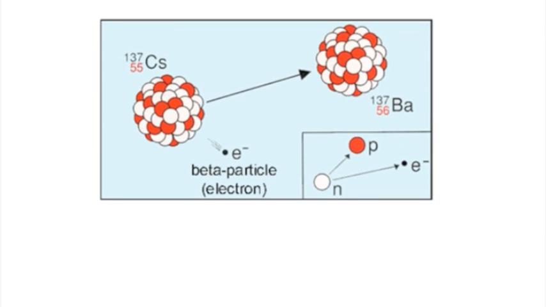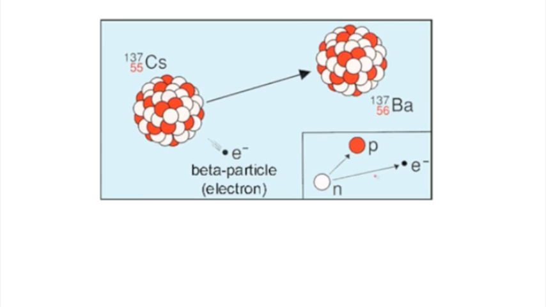A beta particle is an electron. It's a high energy electron, an electron that has a lot of kinetic energy. And it's not an electron that is in the electron cloud around the nucleus. Here's an example with cesium-137. We're focusing on the nucleus of cesium-137, and it's an unstable isotope. It gives off a beta particle.